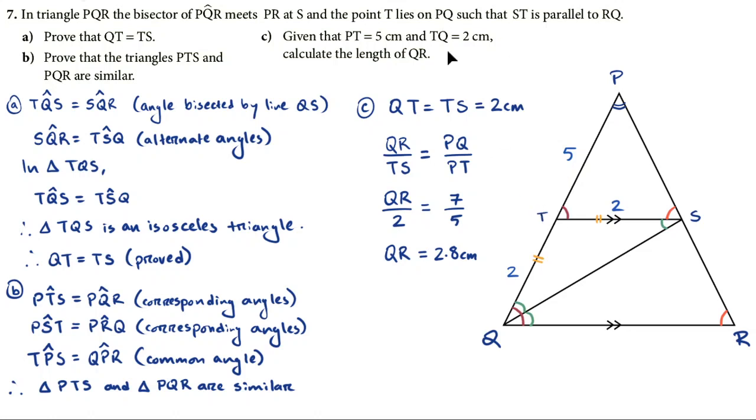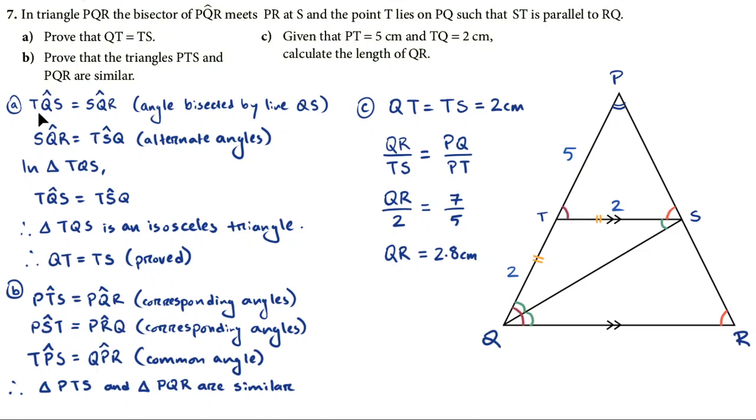It can be anywhere, but it has been given a condition. It lies on PQ such that ST is parallel to RQ. So we need to position the point T on this line PQ so that ST is parallel to RQ. So this is the possible position where you can mention T. That's how we have drawn the diagram.